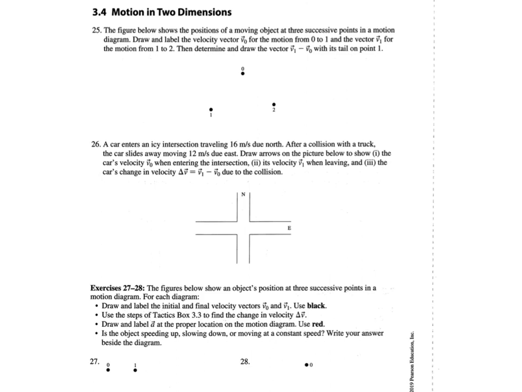This one's kind of fun. It says you go from 0 to 1 to 2. So what they're saying is this is my V initial and that is my V final, and then they want us to add them to find acceleration because VF minus VI divided by some sort of T. Yes, I made that line a little too long.